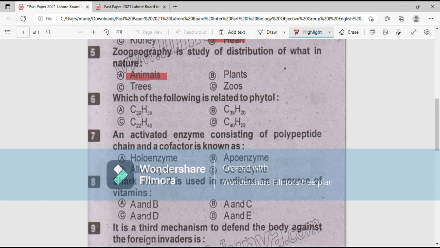But you are seeing here that there is no correct option in the paper, so in this paper you will write down the correct option as C20H40O.